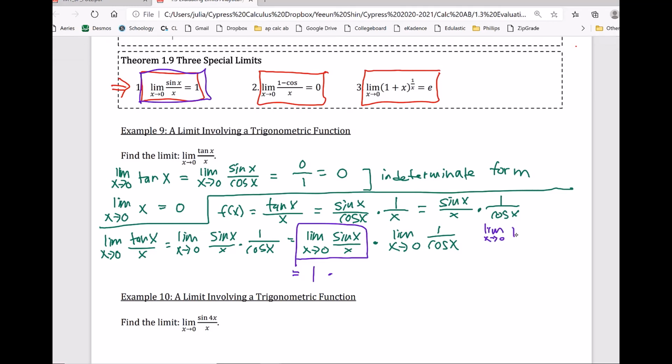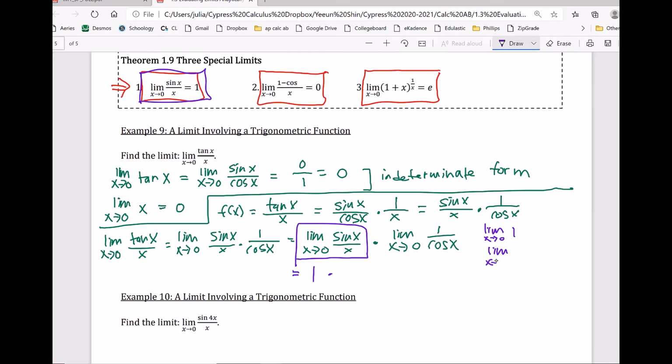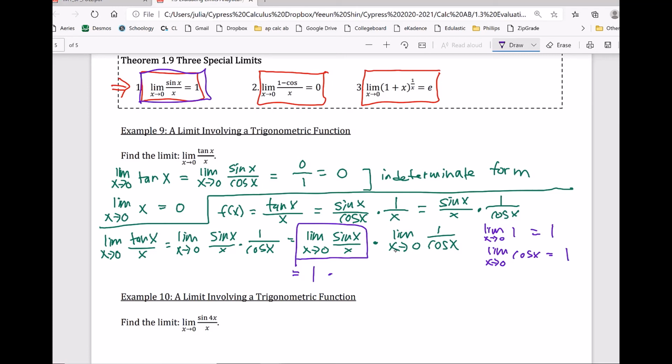Once again, separate out the numerator from the denominator. The limit of 1, no matter what x value it is, is just going to be 1. The limit of cosine as x approaches 0 is going to be 1. And so we also have 1. Our final answer is 1.